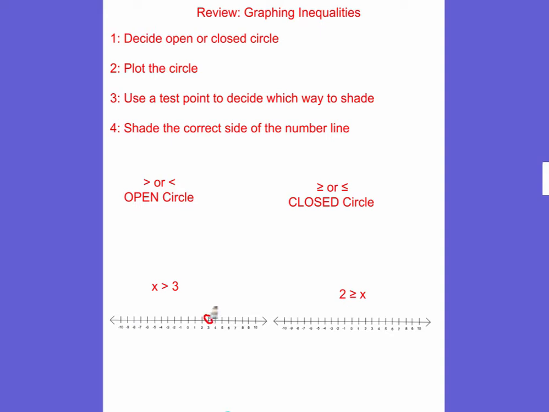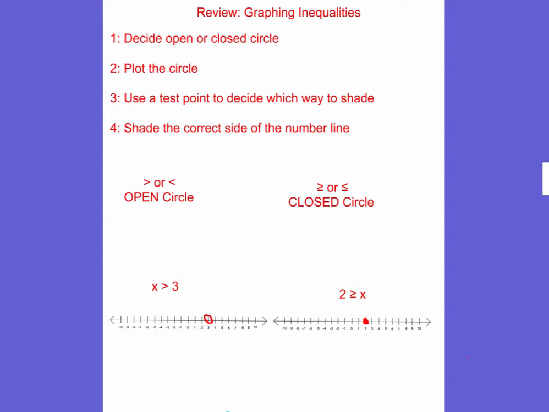So I'm just going to make an open circle at 3. If I look at this one, 2 is greater than or equal to x. Well, that's telling me I've got my equal to. So that's telling me it's a closed circle. So I want to go to 2. And for this one, instead of an open circle, I'm going to put in a closed circle. I'm going to fill that circle in because 2 is part of the solution and 3 is not part of the solution in this one.